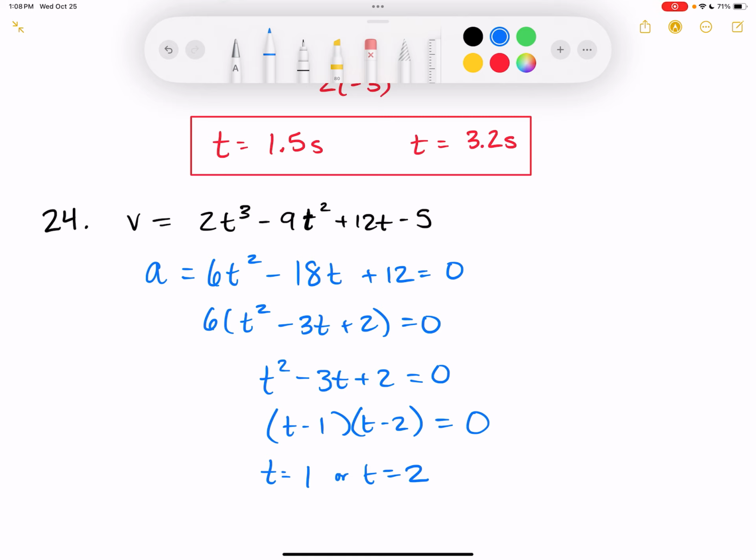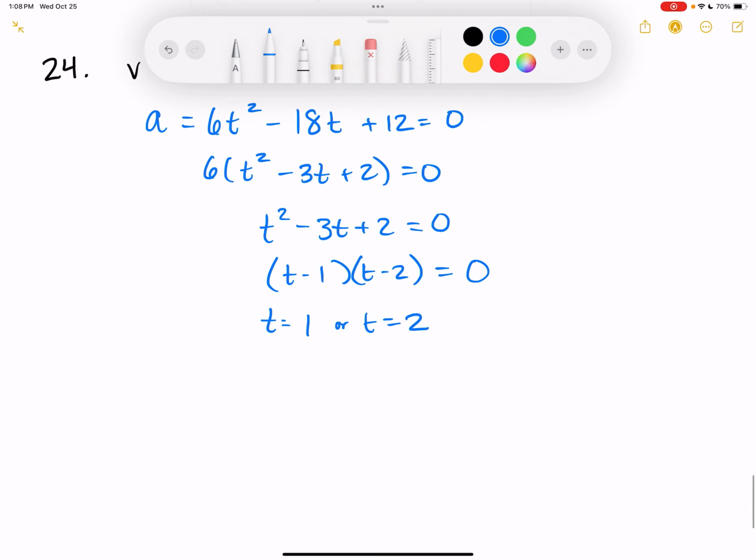Find the body's speed each time the acceleration is 0. So now we have to find its speed. What do we know about speed? When I get my answer, I need the absolute value of velocity. It has to be positive, so I take the absolute value if the number happens to be negative.